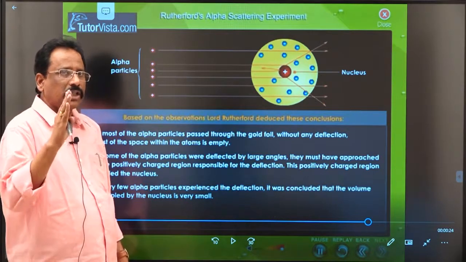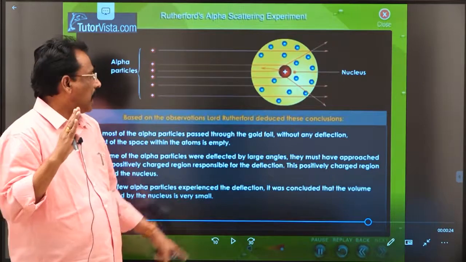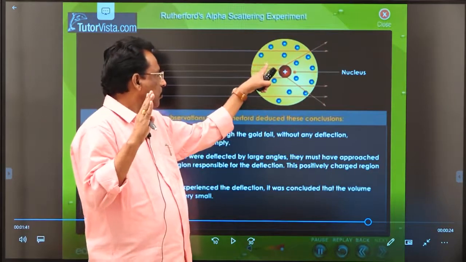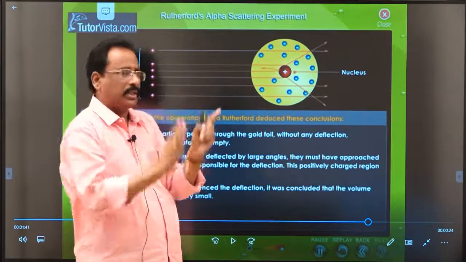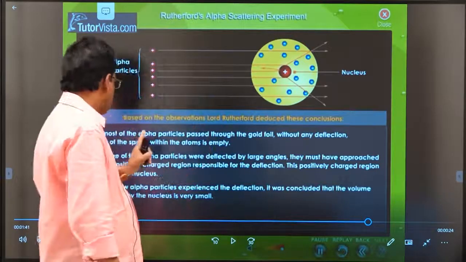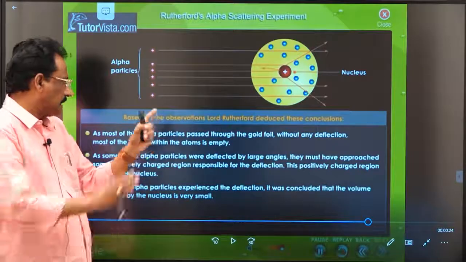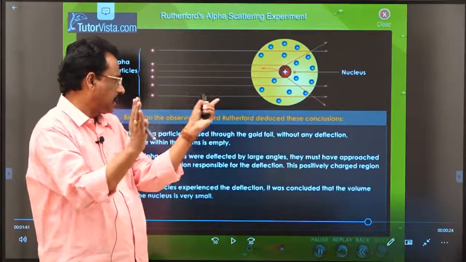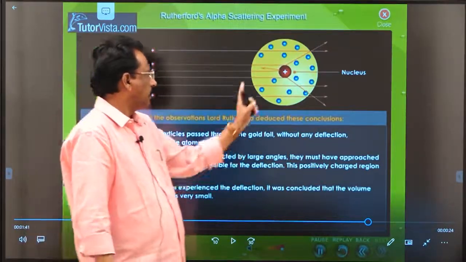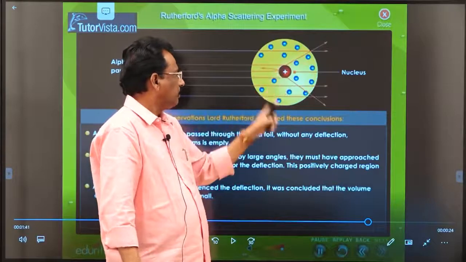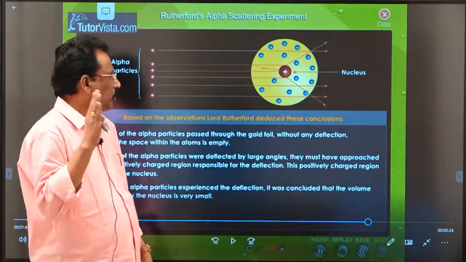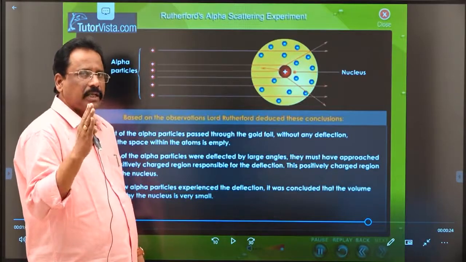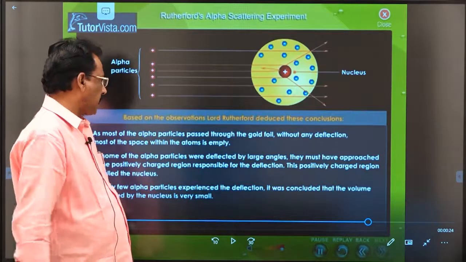Its charge is positive. Alpha particles carry 2 units of positive charge. Like charges repel each other. That's why some of the alpha particles are scattered at larger angles, indicating there are repulsions between these two.